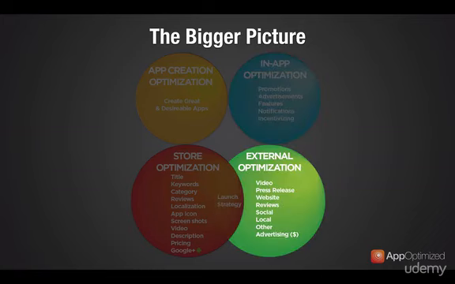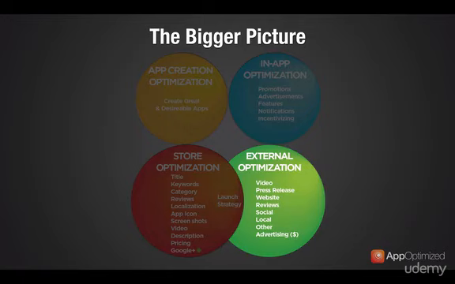And then down below in the green circle, there's external optimization. This is all the marketing and any type of promotion that you would do outside of the App Store. Examples of this may be videos that you might promote on YouTube or other video sites, creating press releases, building websites to promote the app, having reviews throughout the web, maybe bloggers that are reviewing your app, social media, things like Twitter or Facebook, where you're promoting your app, local advertising, and then there's also paid advertising, and I'm sure there are others as well.